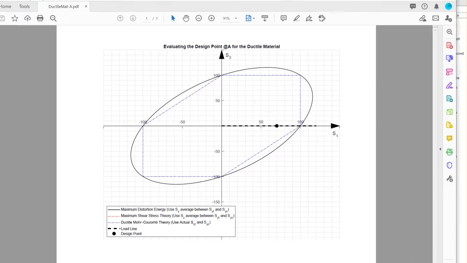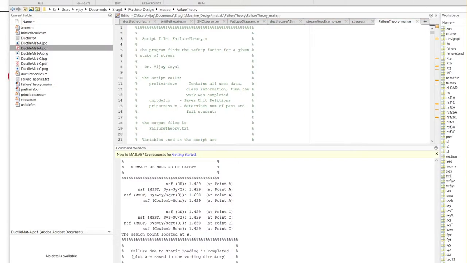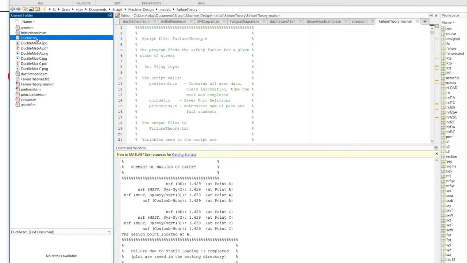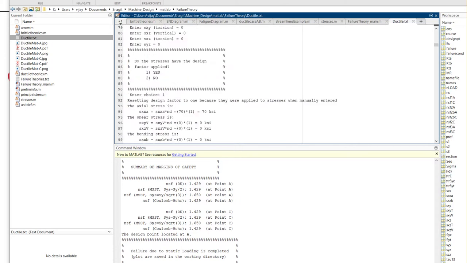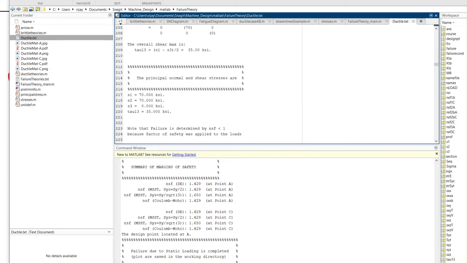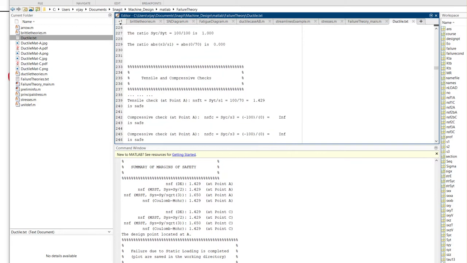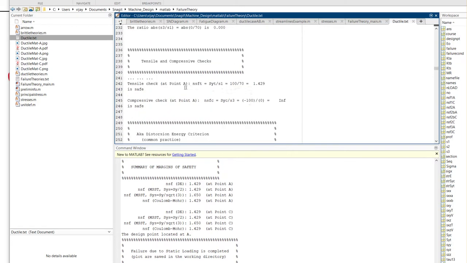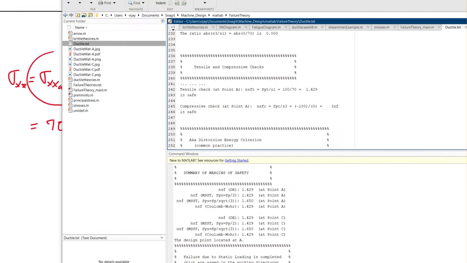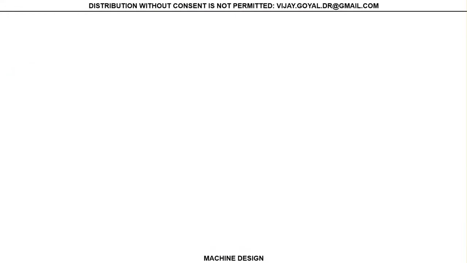But if I want to do this by hand and I want to do the calculations, I have a file called Ductile. In this file, you're going to have all the checks that you need to do. The very first check you do is the tensile and compressive checks. You can basically use your code for this, and I don't have a problem with that. But you just have to actually write it down.